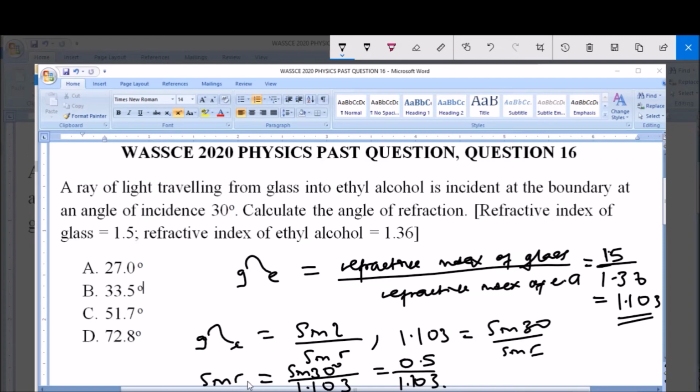Now to find r, we simply take the sine inverse of this. So we now say r is equal to sine inverse of 0.5 all over 1.103, and this will give us 27 degrees. That's approximately 27 degrees.